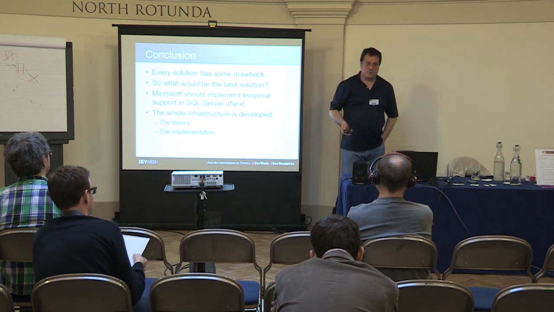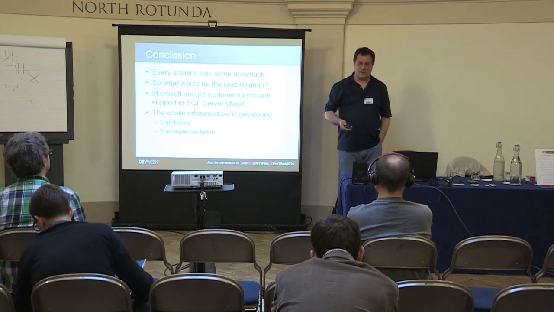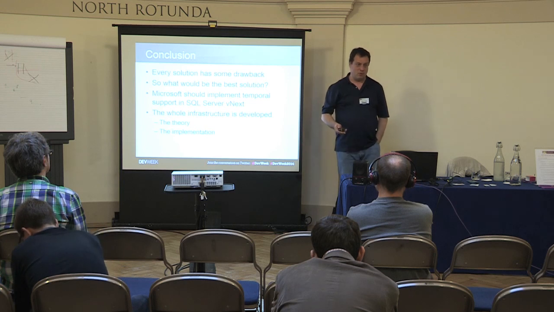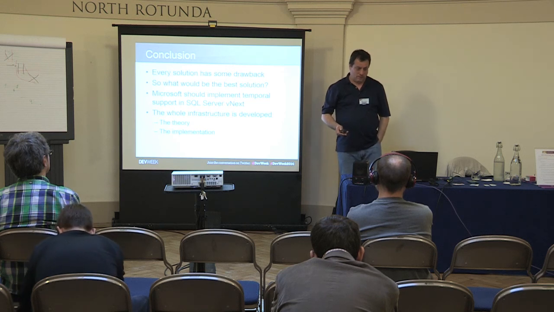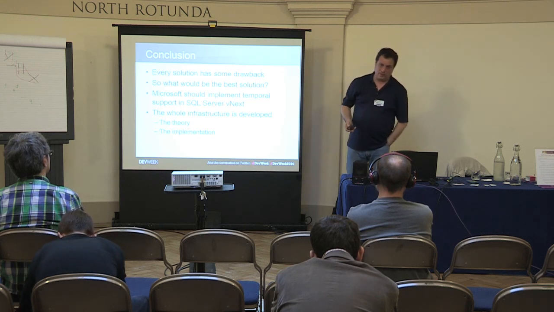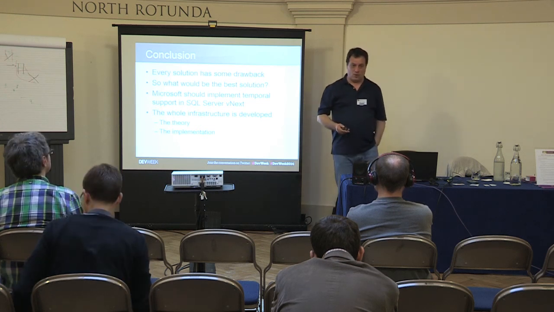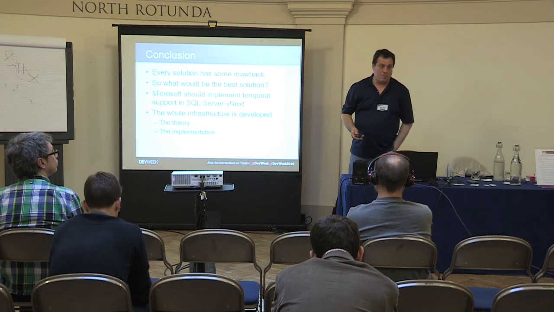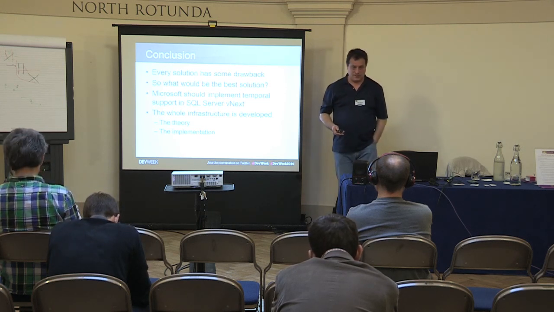In the longer term, I think Microsoft should do, as I said, the interval data type and then the unpacked form. This should be the winner in the longer term. If you have this weird distribution, and you cannot afford the full unpacked form, then either the compact unpacked form could be a solution, or relational interval trees.